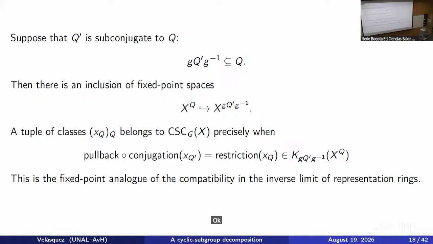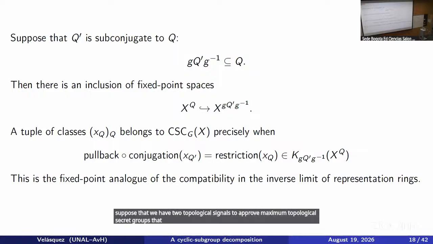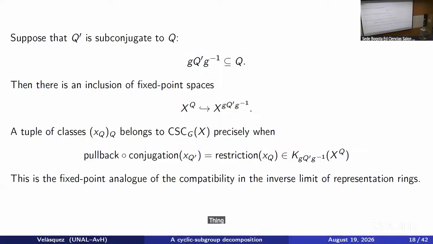Suppose that we have two maximal topological cyclic subgroups such that Q prime is subconjugate to Q. It means that we have this thing. Then there is an inclusion of fixed point spaces, reversed. We have an inclusion in the other way.